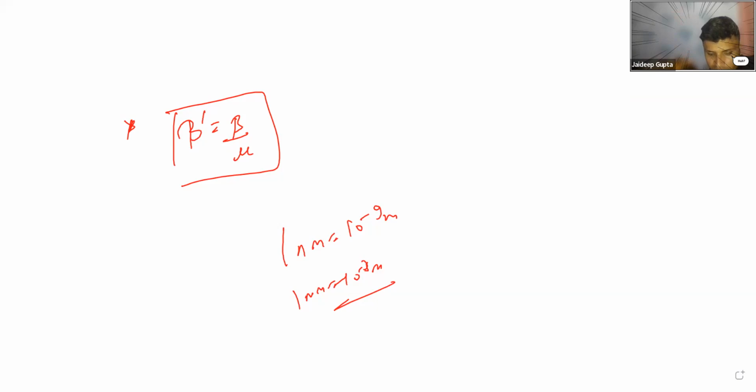If the screen is moved 5 into 10 to the power minus 2 meter towards the slits, the change in fringe width is 3 into 10 to the power minus 5 meter.